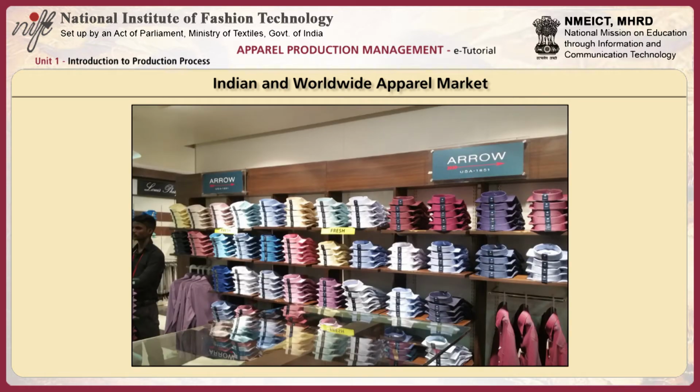A recent study of the Indian apparel and textile industry concluded that India has the potential to double its current world market share in apparel during the next 5 years, provided that the apparel sector invests about 16.6 billion US dollars in new production technology.